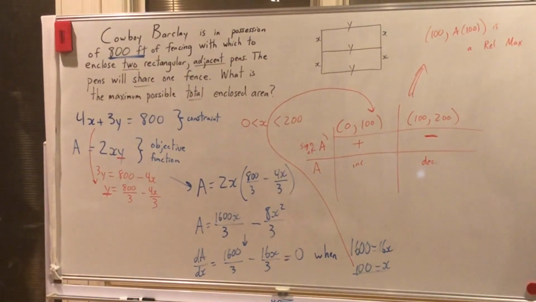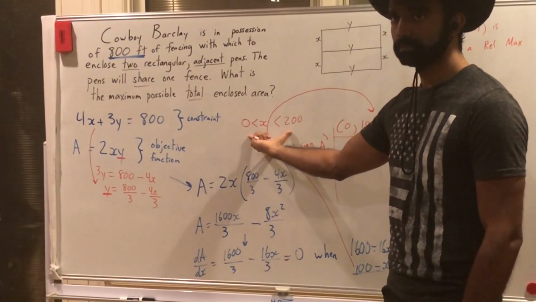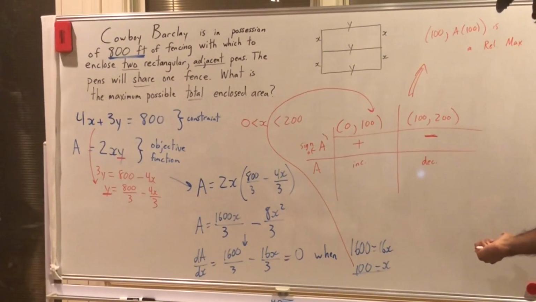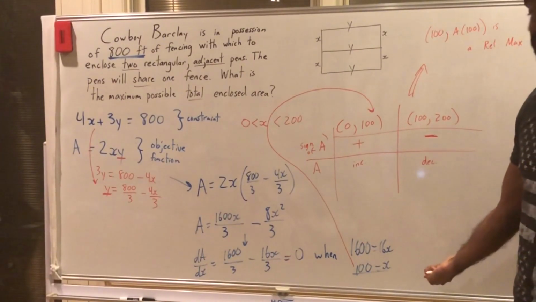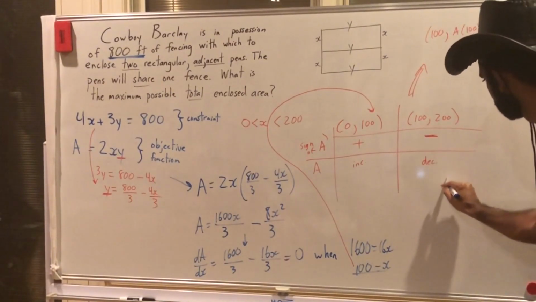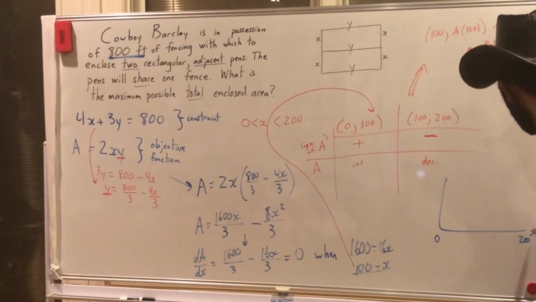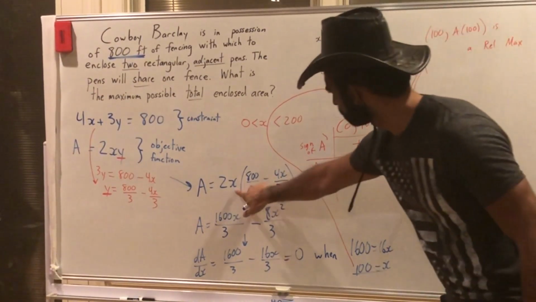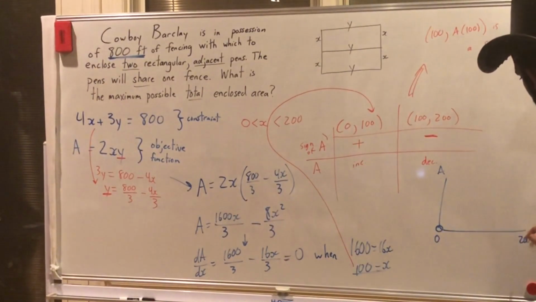Now the question is, is this an absolute maximum on this interval? If that's the only one, and if the endpoints equal 0, then it's got to be, right? In fact, this graph has the same general shape as the last problem. Graph of A: here's 0, here's 200, here's my x, here's my A. When x is equal to 0, A is 0, but x is not allowed to be 0, so I got a hole there.